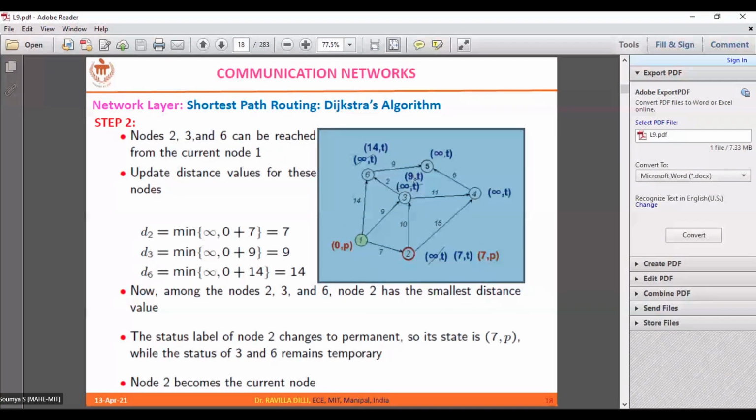Next, the cost of node 2. Initially it was infinity. Now the cost is 7. So I'm going to replace it with 7 comma t. Is that clear?